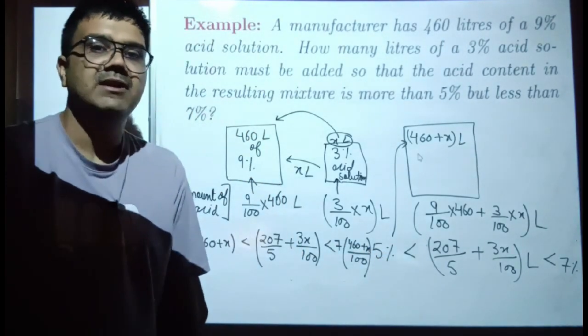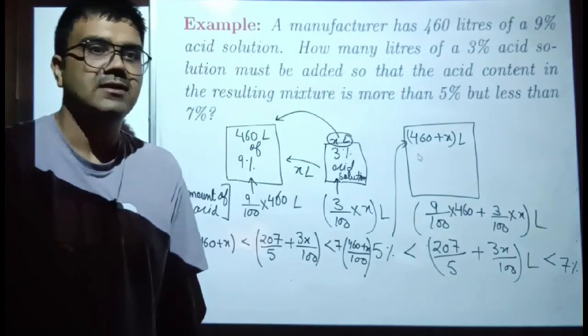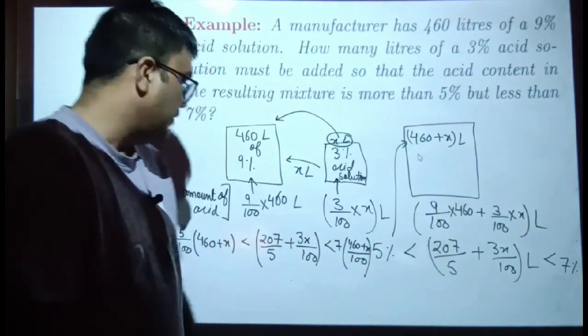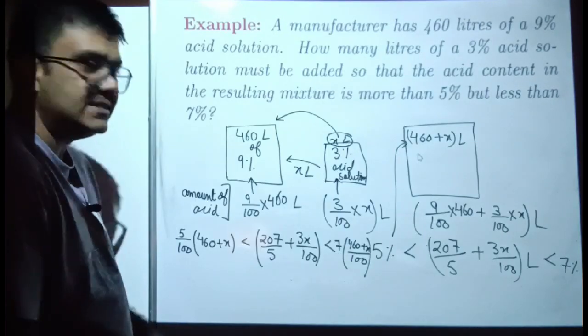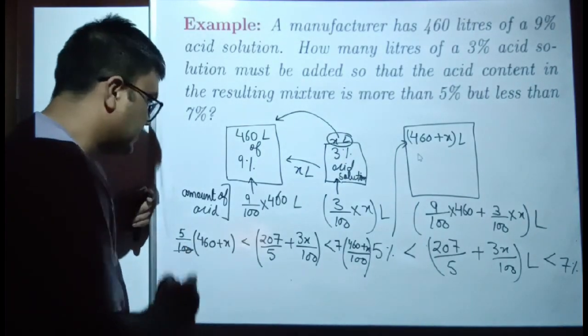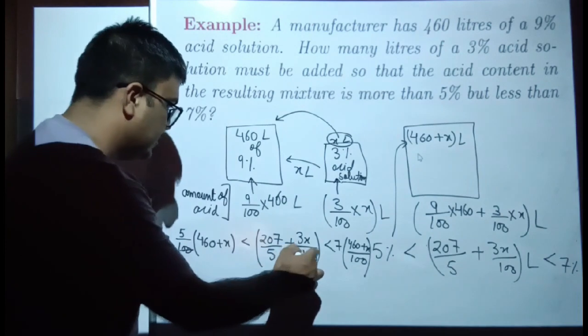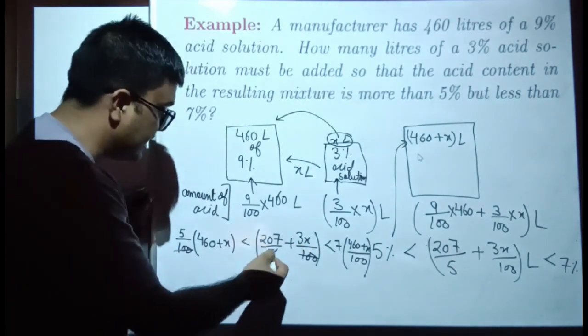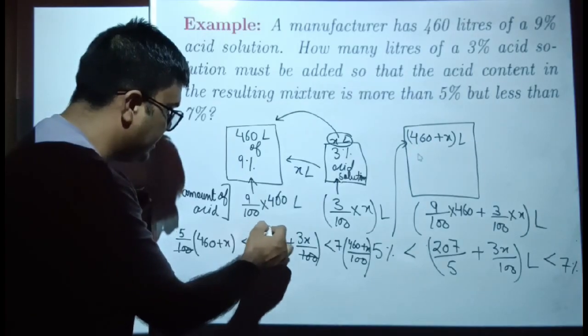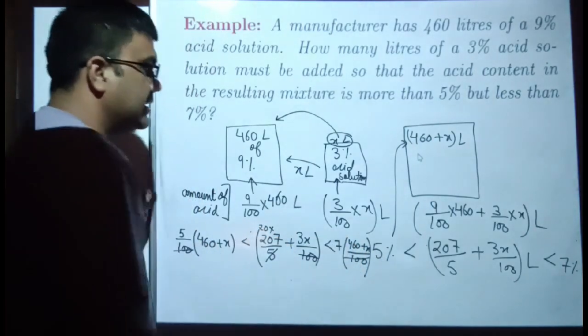So our inequality becomes in this form. Now if we multiply the whole of this equation with 100, this 100 gets cancelled, this 100 gets cancelled, with this 5 cancelled we will get 20 into this, and this 100 gets cancelled.